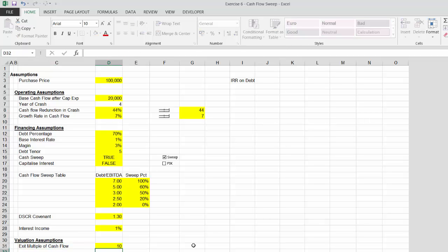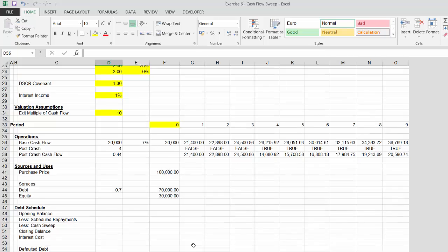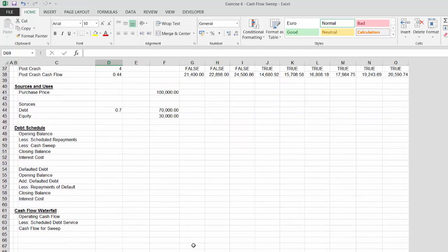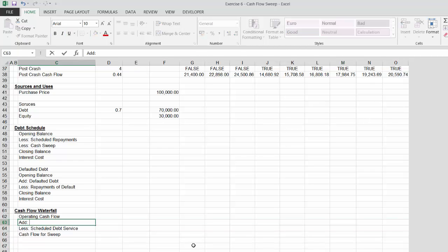Let's do it. I think I should have also put up here the terminal proceeds. Okay, and then we have the scheduled debt service, and we get the cash flow for the sweep.